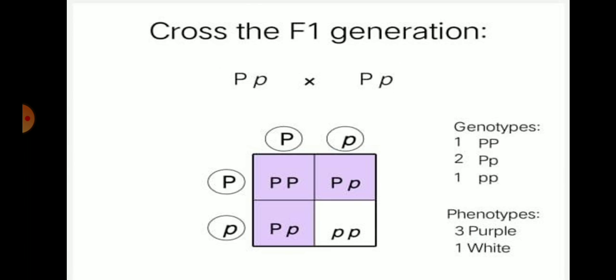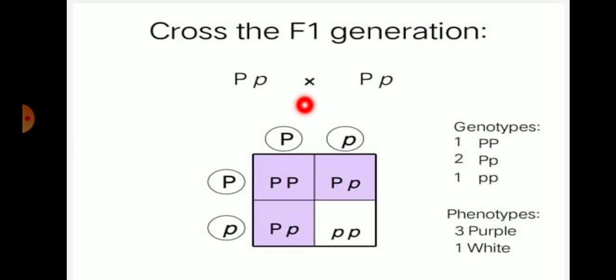So how does the cross of the F1 generation occur? We cross the F1 generation by self-fertilization, with heterozygous alleles: one capital P, one small p, one capital P, one small p. Both plants show the same phenotype, they have the purple color.